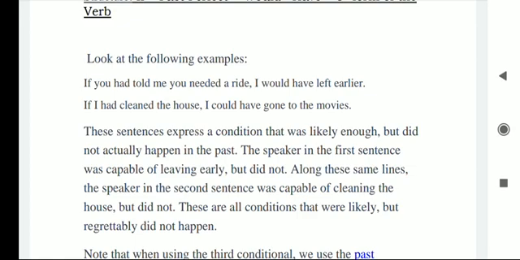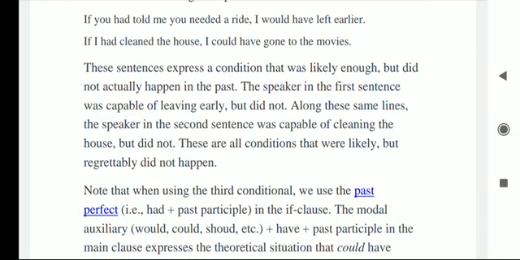These sentences express a condition that was likely enough but did not actually happen in the past. The speaker in the first sentence was capable of leaving early but did not. Along these same lines, the speaker in the second sentence was capable of cleaning the house but did not.